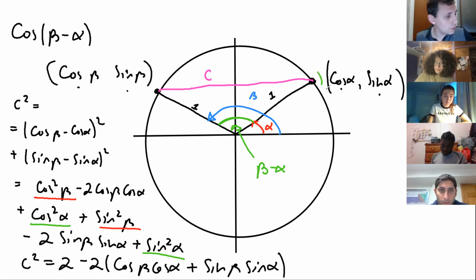Now I'm going to topple this triangle and I'm going to make this leg fall on the x-axis. The bottom portion, well, let's see if I can cut here.